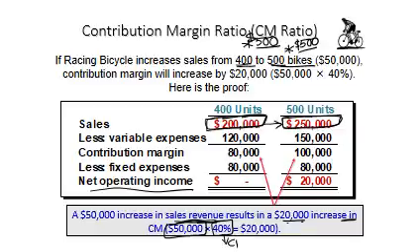This is contribution margin ratio times the increase in sales gives us the increase in net operating income.